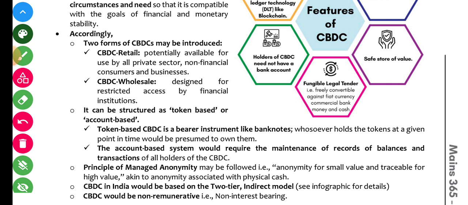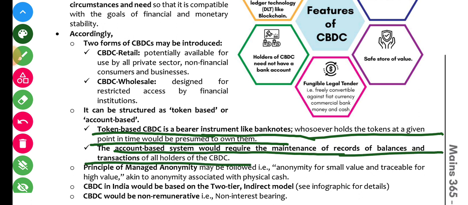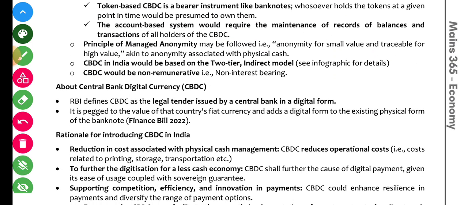Next, it can be structured as token based or account based. Token based CBDC is a bearer instrument like bank notes. Whosoever holds the token at a given point in time would be presumed to own it. The account based system would require the maintenance of a record of balances and transactions of all holders of the CBDC. So keep this in mind.